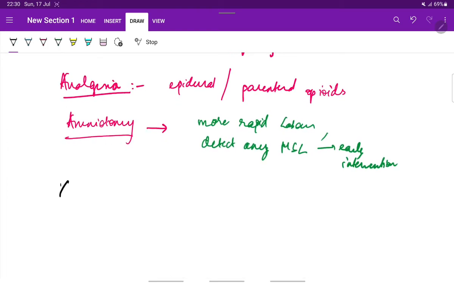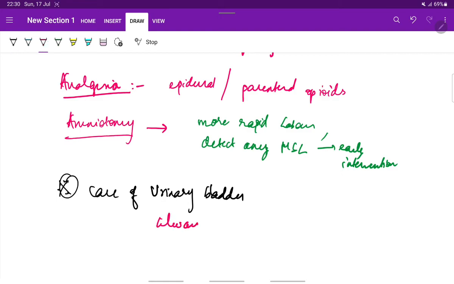Then one important thing is the care of urinary bladder. So always the urinary bladder should be empty for good uterine contractions and cervical dilation.